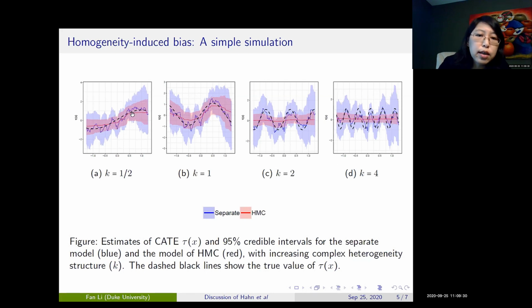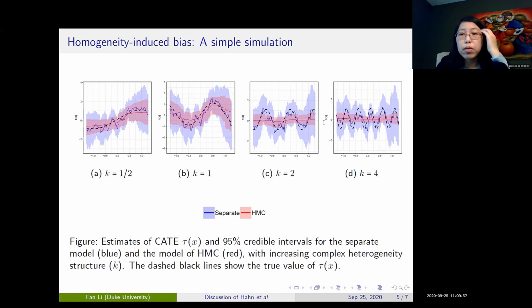What is happening is, when the heterogeneity is low, when the underlying truth is really homogeneous, BCF is the best method and works very well, and the variance is pretty low. But the trouble starts to appear when the underlying truth becomes really heterogeneous.